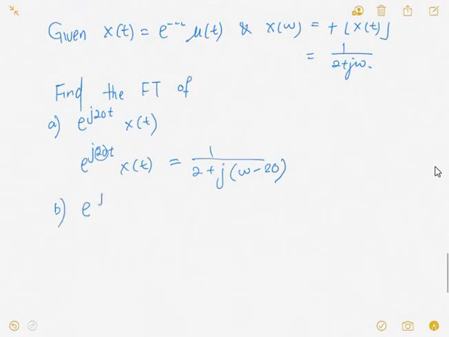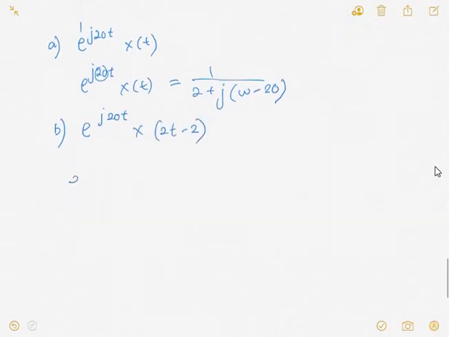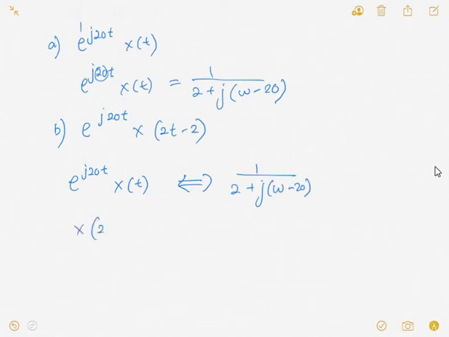If you have exponent j20t x(2t minus 2). If exponent j20t x(t), you get 1 over 2 plus j (omega minus 20), like I told you just now in example A. And what about x(2t minus 2)?